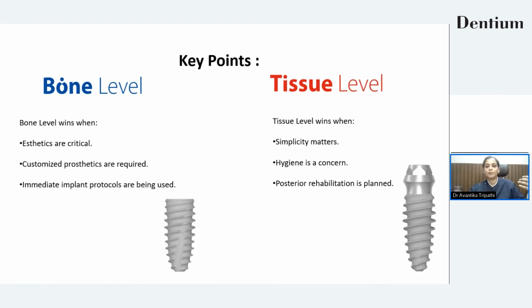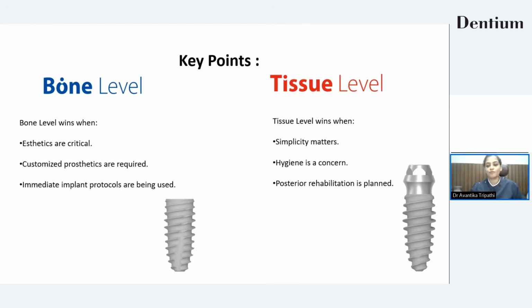Mainly, the tissue level implant wins when you want your prosthetic workflow to be very simple and easy. If you want to place an implant and put a prosthesis over it, as we all know, it has a healing abutment type of structure attached already with it. So you do not have to do a second stage surgery. After implant placement, you can immediately start the prosthetic workflow.